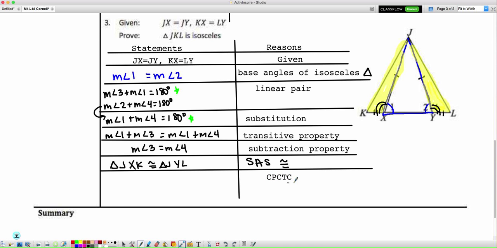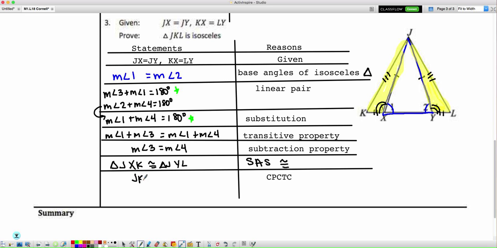And I can say that the corresponding parts that I care about that would make this an isosceles triangle would be proving that this is congruent to this. Looking at my order of letters, JK are these outside letters, and JL are also the outside letters, so they do in fact correspond.